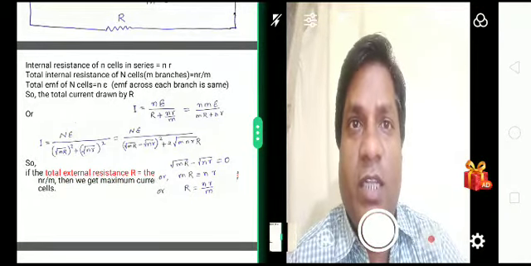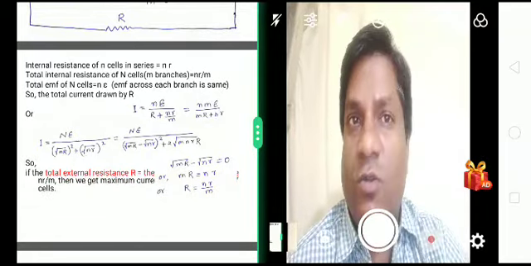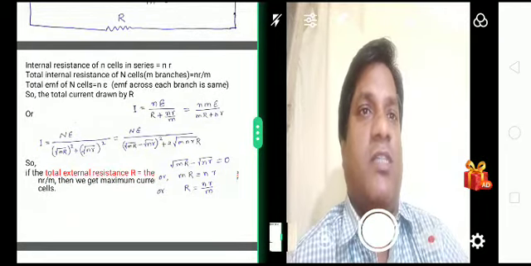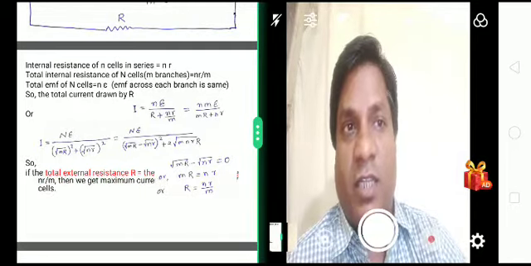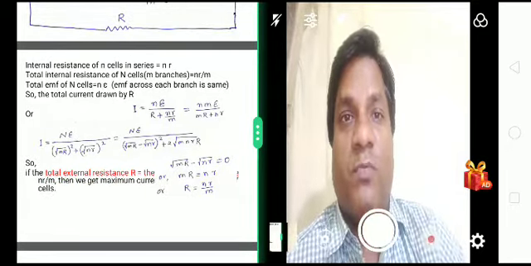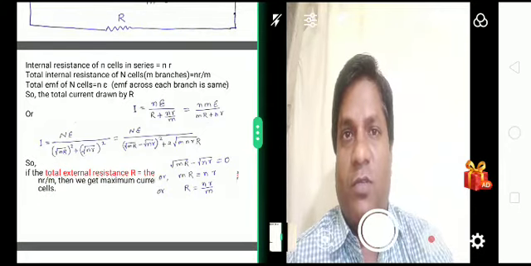It is the total internal resistance of the total capital N number of cells connected. That means it is the internal resistance of the whole group of cells, the entire group.